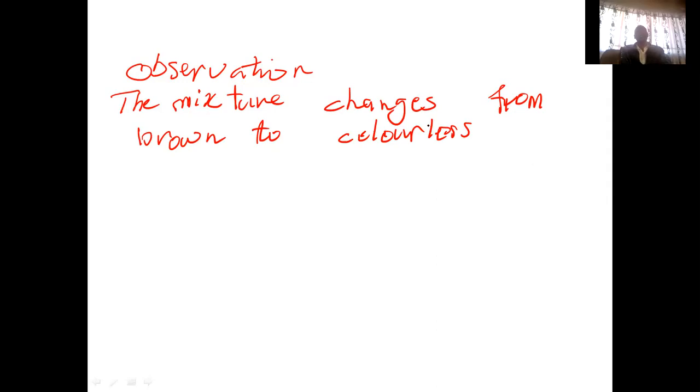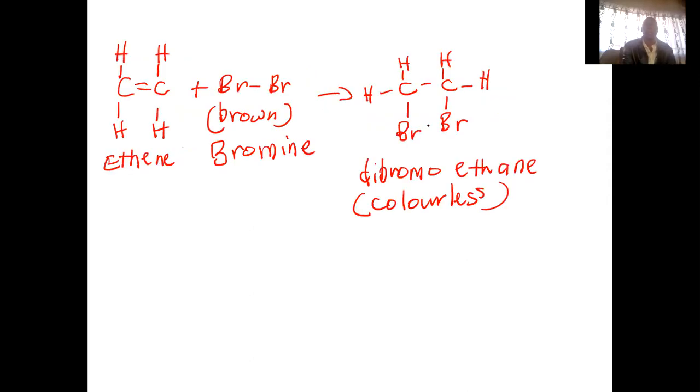Actually, this is the test for the presence of an alkene. So if you want to know the presence of an alkene, you just actually react it with the bromine liquid. This is the liquid. So what you are going to produce is a colorless substance.